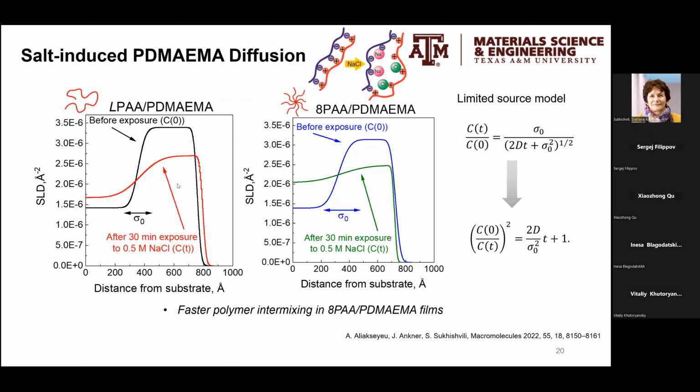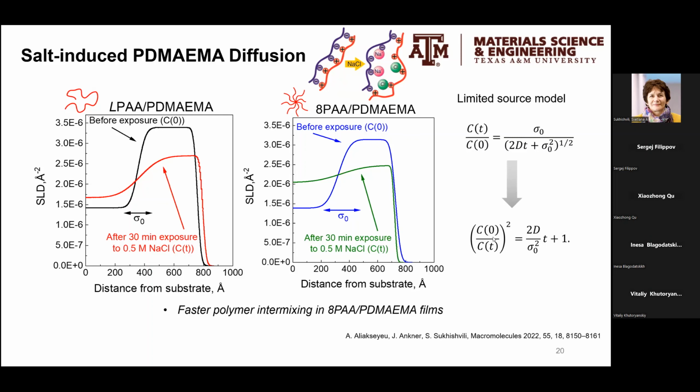So you can see that in the case of linear polyacids, the evolution or diffusion of chains was, just visually, slower than in the case of the stars. So we can apply the limited source model and actually quantify this dependence, by plotting C naught versus CT.